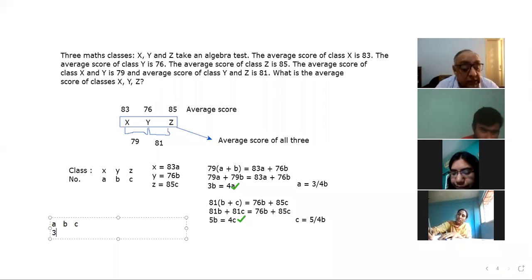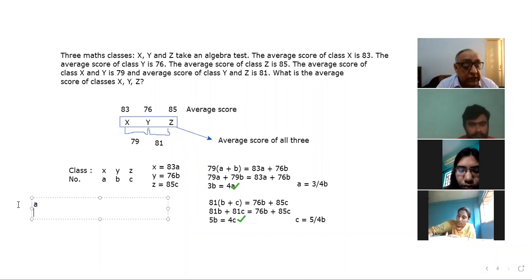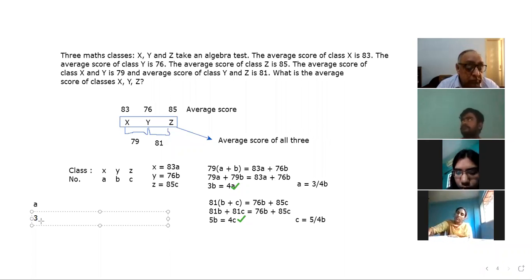That is 3 upon 4B, so this is easy for you.